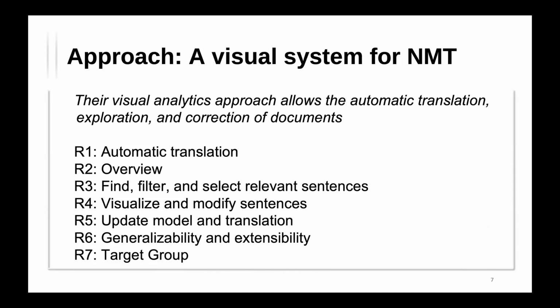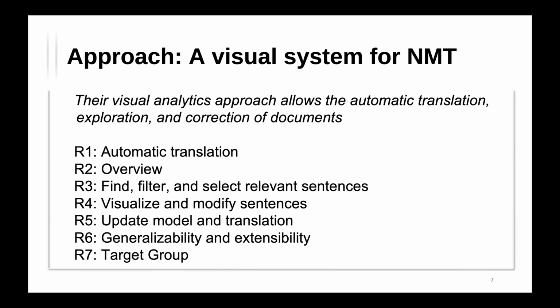That means this visual system should not only apply to one architecture, but it should be easily adapted to a quite wide range of architectures. As long as they have this encoder-decoder structure, it should be easily adapted to any architecture.